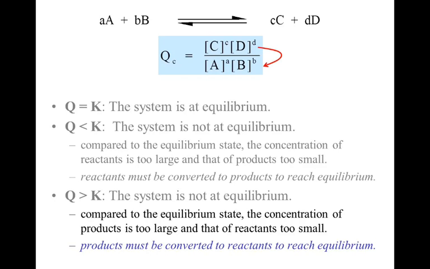In that case, we say it proceeds backwards, from products back to reactants. At equilibrium, it really doesn't care what direction it's pointed, kind of. And we would say it has to proceed back to the left.